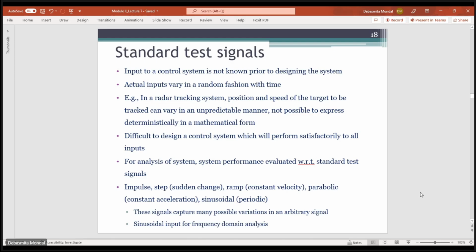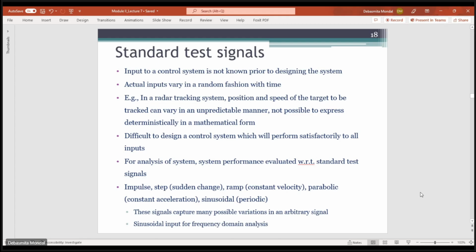Then a ramp signal. Ramp means a constant change, or constant velocity change, and that kind of input is represented by a ramp input. Then you can have a parabolic input, which represents a constant acceleration state. And then you have sinusoidal, which is generally used for studying frequency domain analysis.